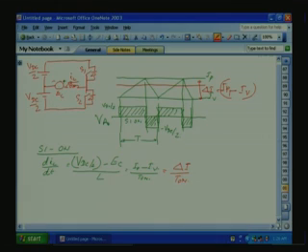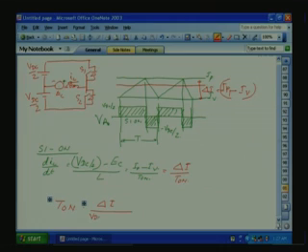So from this one we can find out T on. How do you find out T on? From this equation, T on is equal to IP minus IV, that is delta I, divided by VDC by 2 minus EC.